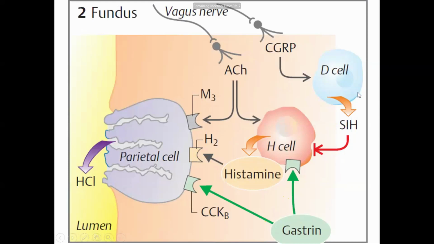Gastrin will travel through the blood, go to the CCK-B receptor, and cause an increase in calcium level in the parietal cell and secretion of hydrogen and chloride. Right? So this much for today.